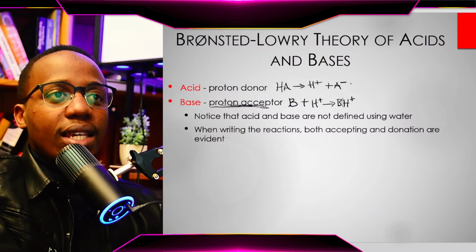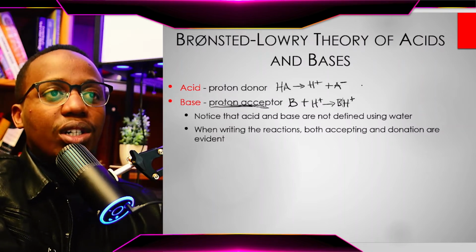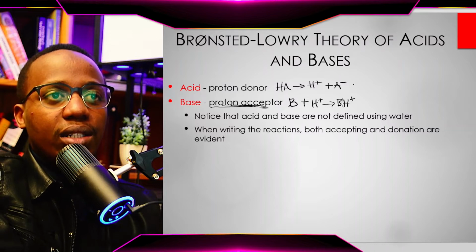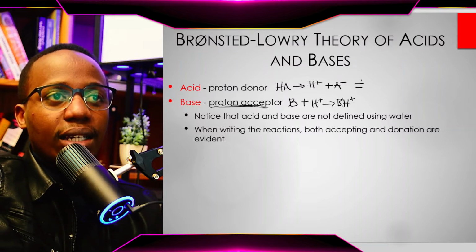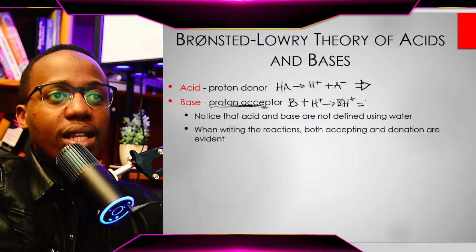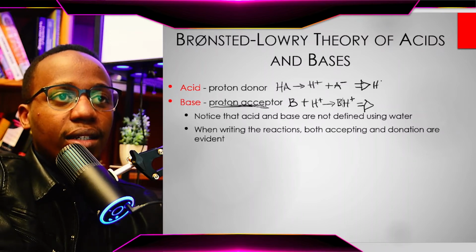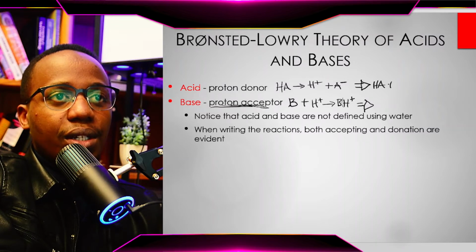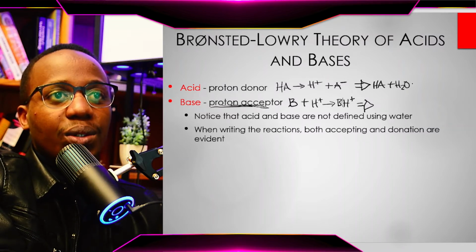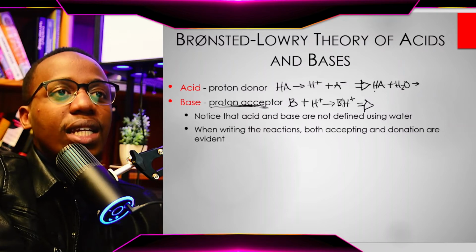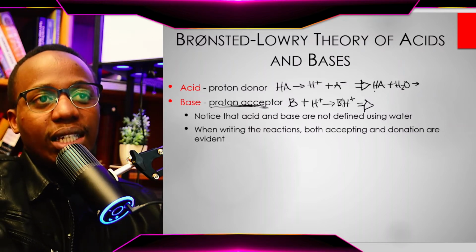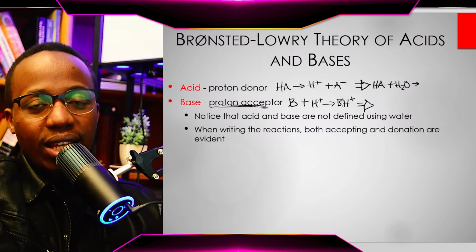We just said that these things happen in water. So we have another way to represent a base and an acid in water. So when these two things are in water, they are going to behave this way. So HA plus H2O is going to give you, so HA gives away H plus, but H plus is not going to be by itself.